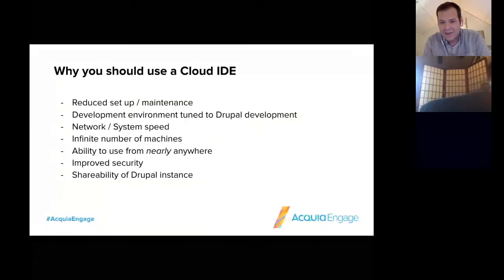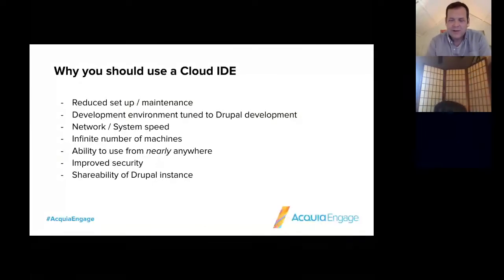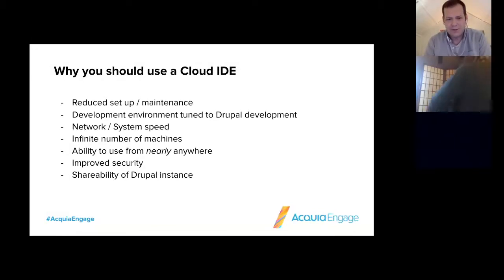The network and system speed, and this is one of the funny ones. A lot of times when I'm introducing Cloud IDEs, the question I'll get from people is, what happens if I'm on an airplane? And it's always kind of a funny one to me, because you are more likely nowadays to be in a situation where you are on a bad or slow connection versus no connection.